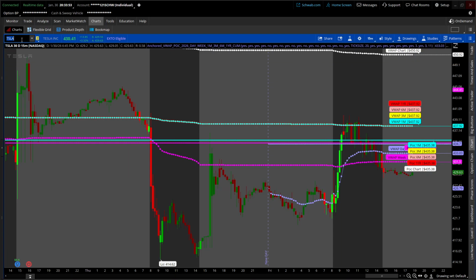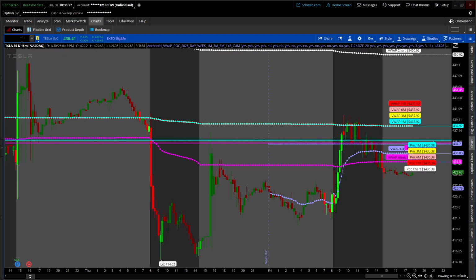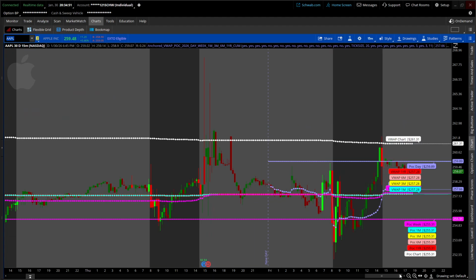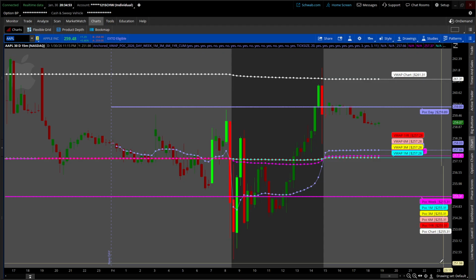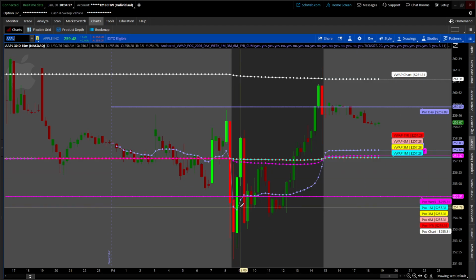So we can go to, let's say, NVIDIA, well, we go to Apple, and we'll see. This is what the indicator looks like on Apple as well. You can see Apple was struggling today. Initially, it fell out with the rest of things, but Apple really held up as compared to the QQQ.